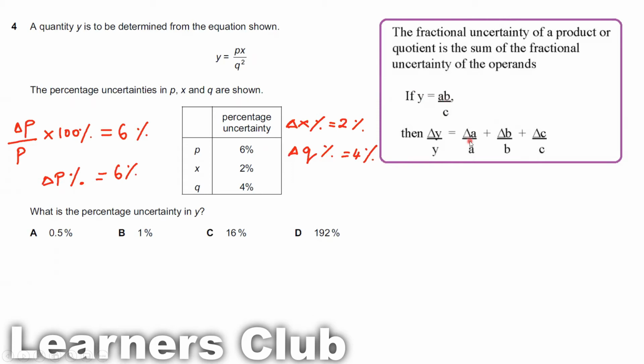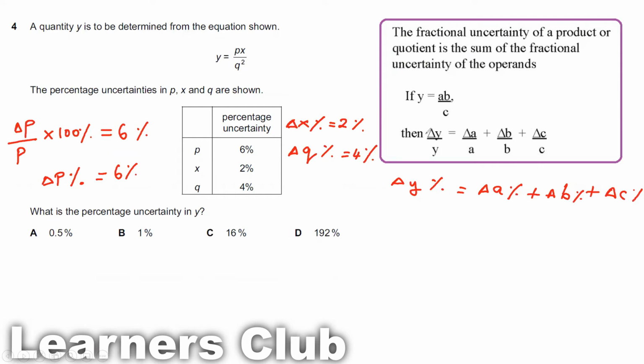So you have del A over A plus del B over B plus del C over C. Now, if you want to give this in terms of percentage, you can give it this way. Del Y% is equal to del A% plus del B% plus del C%. That means I'm multiplying each term by 100% to convert it into percentage.